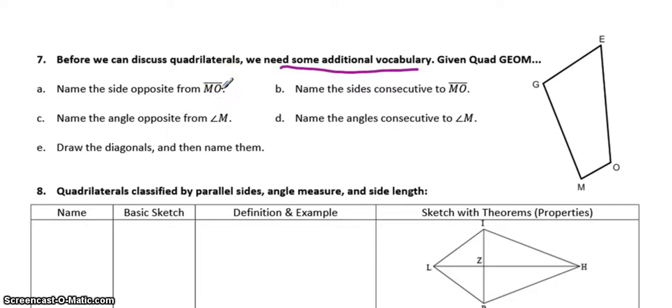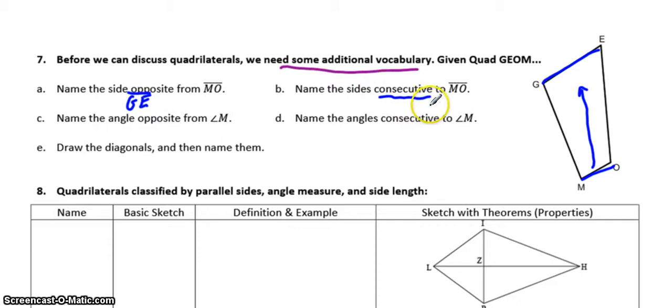Let's talk about the answers. Starting with 7A, name the side opposite from side MO. Let's see, here is side MO. The side opposite that across this quadrilateral is side GE, or EG, depending on which way you like to do that. B, name the sides consecutive to MO. Now, consecutive is a new word here.